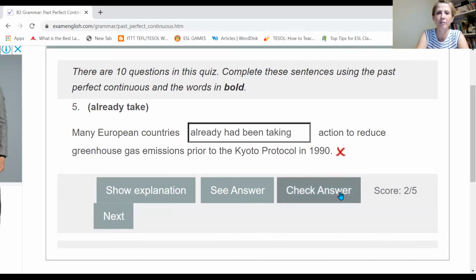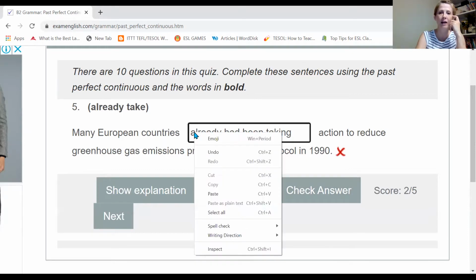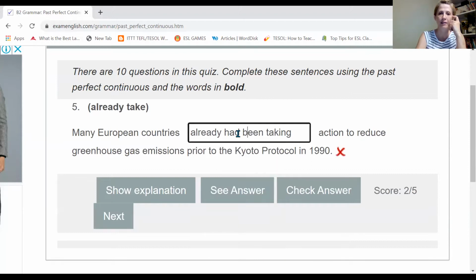Check the answer. No. So what is wrong about this? Yes, you're right. Had and already have to change places. Had already been taking. Let's check the answer. Now it's okay. Good. Well, it's okay to make mistakes. Now we've learned it.